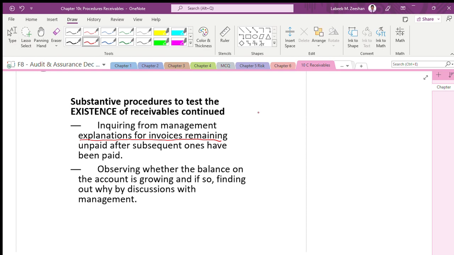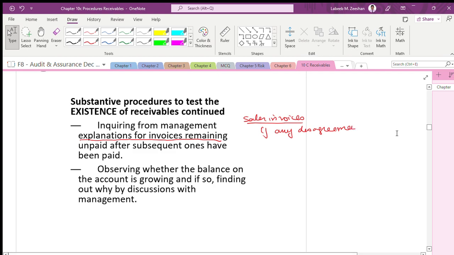If there are any sales invoices which have not been paid, which have not been received, and definitely if there is any disagreement, any correspondence with the client, you have to discuss it. The last stage. See, this is the way you have to present.